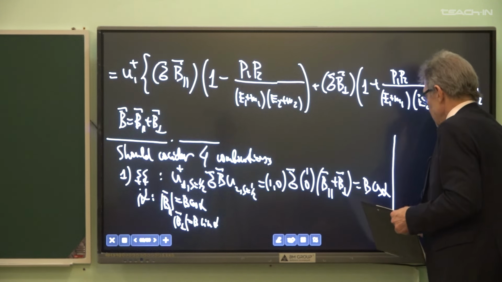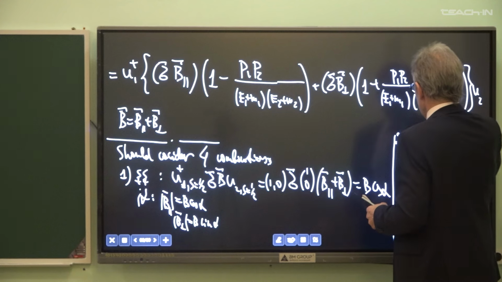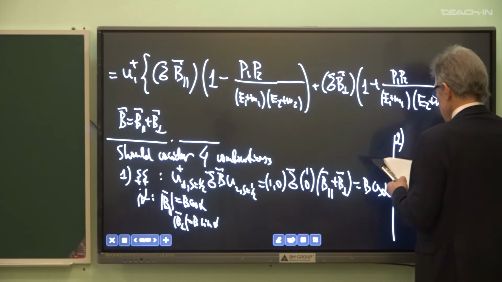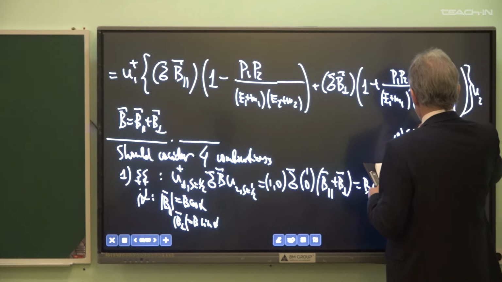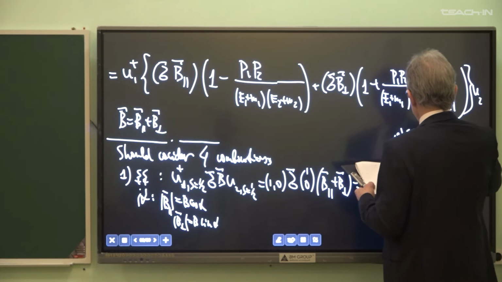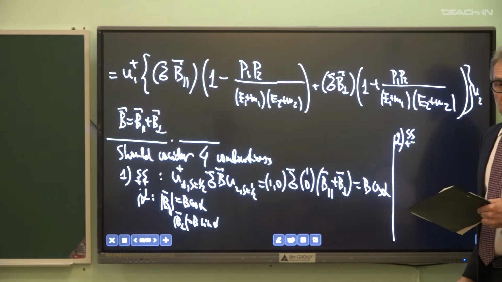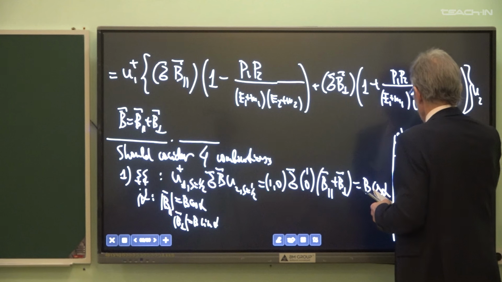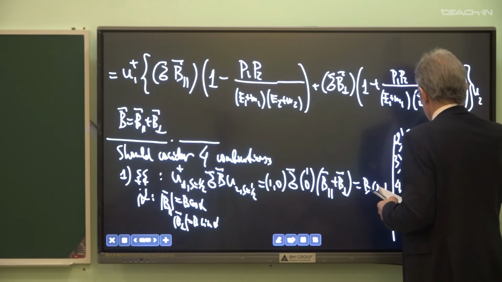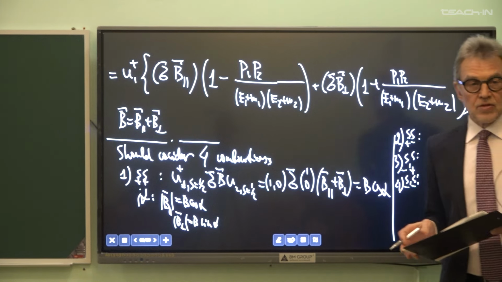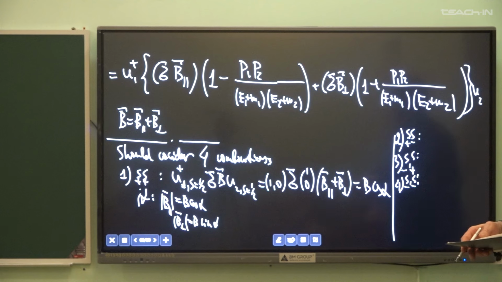And then there is the second option, that there is a change from plus to minus of spin orientation. Then there is the third one, from minus to plus, and the fourth one from minus to minus. And I would like to ask you to calculate yourself. And probably under the pressure we shall stop.